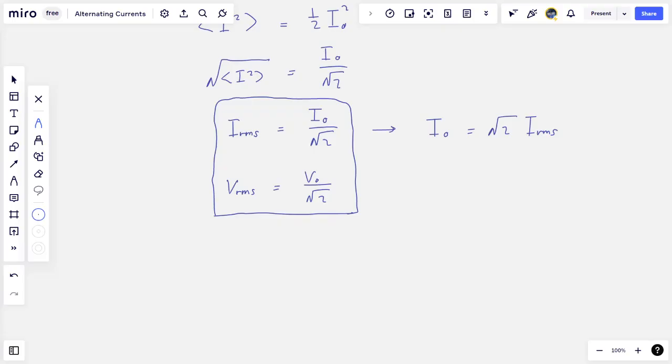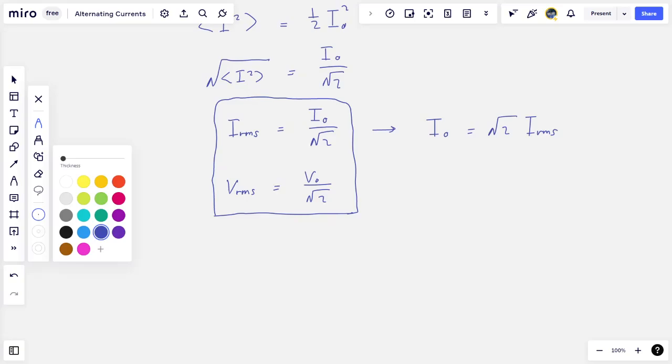So all this means is that if 100 watts of thermal energy is being produced by a 2 ampere direct current, then a 2 ampere RMS current will produce that 100 watts. So RMS is sort of analogous to the current in DC, where the current would spend, in air quotes, the most time. Because it's oscillating between values, it will spend the most time at the RMS value.